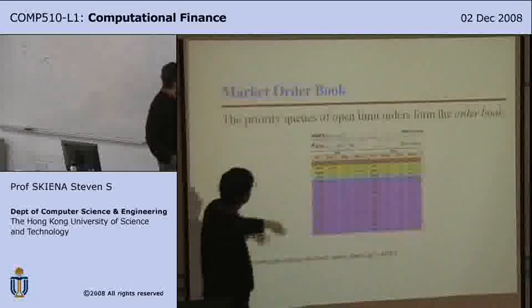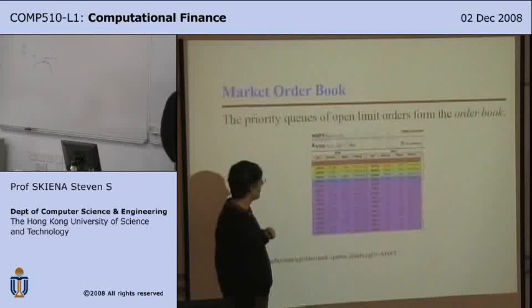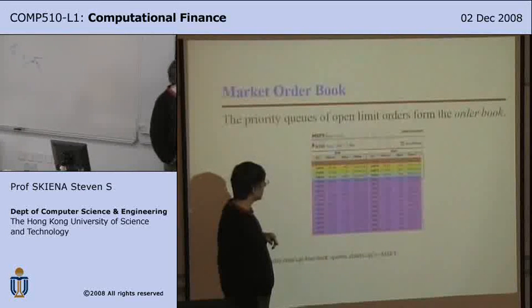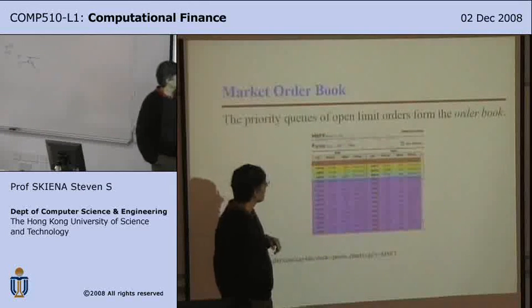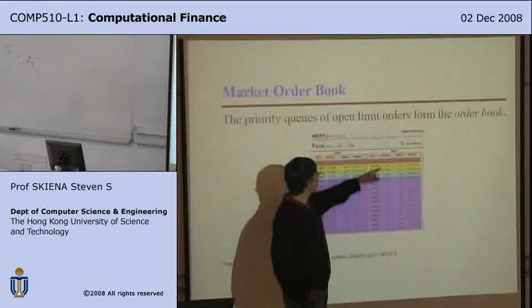There was somebody else who wanted to buy 500 shares at a nickel less than that. Then for pennies less than that, some people were willing to buy it. Here is what somebody was willing to sell it for.